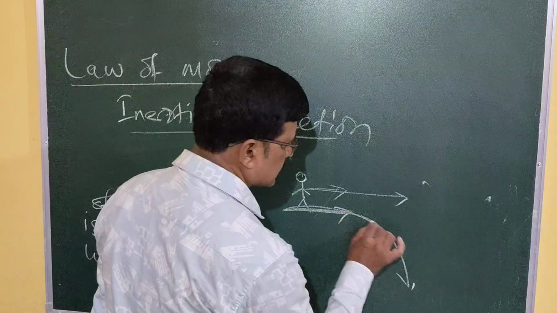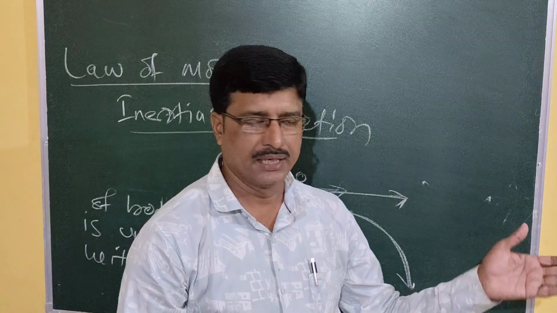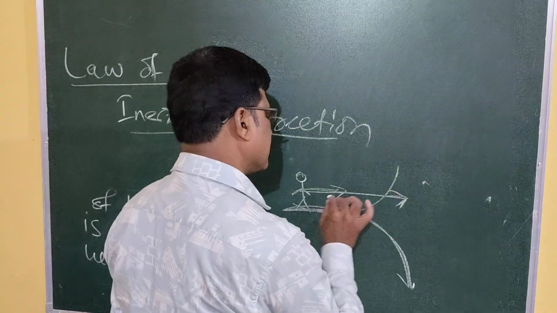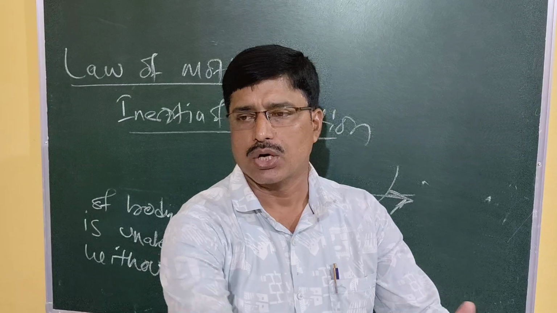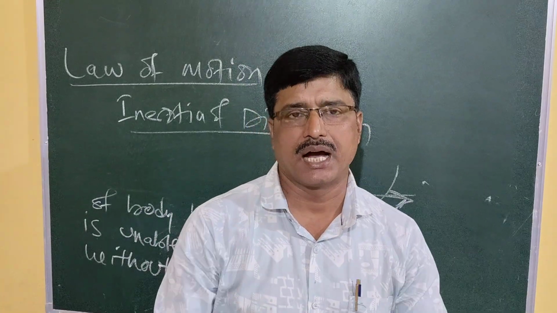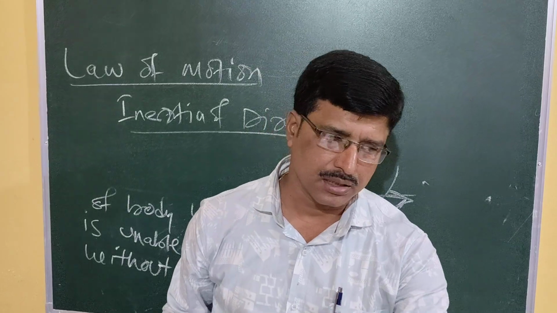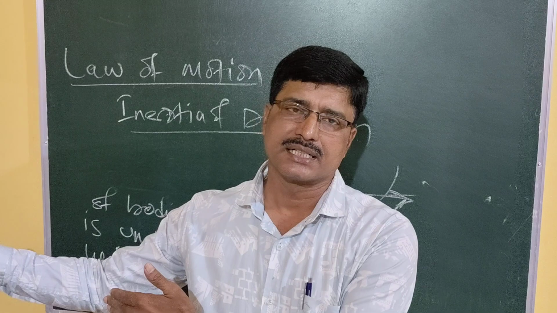So when the bus suddenly changes its direction, he feels an outward jerk. That means if the bus turns to the right, the person gets a left side outward jerk. If the bus suddenly turns to the left, the person gets a right side outward jerk.